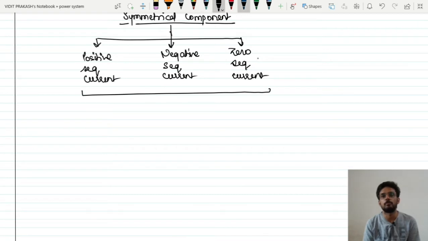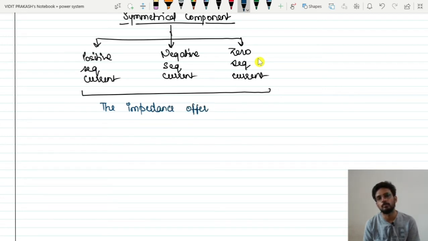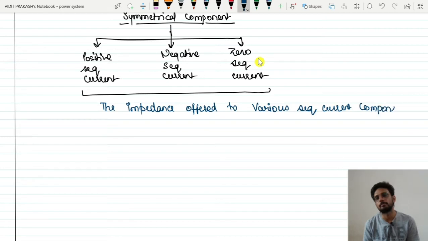The impedance offered to the various sequence current components is called sequence impedance.